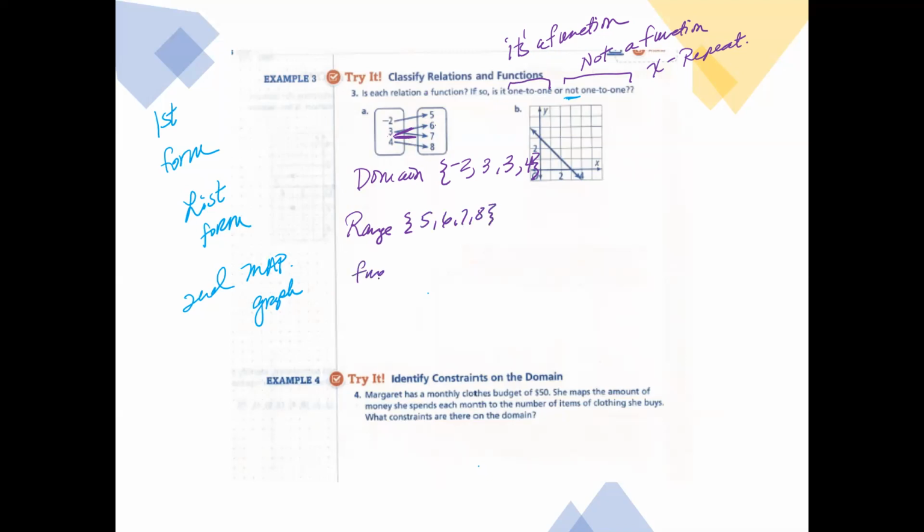So is it a function? Well, in the domain, the x does repeat, so you will say no, it's not a function. Why? Because the x value, when it is 3, repeats. For B, this is going to be the vertical line test.